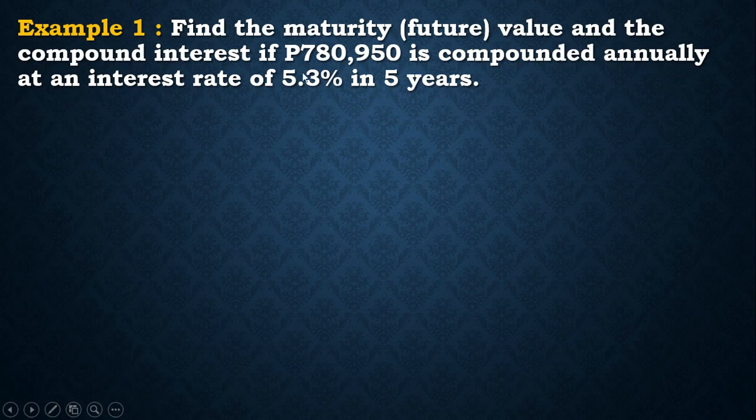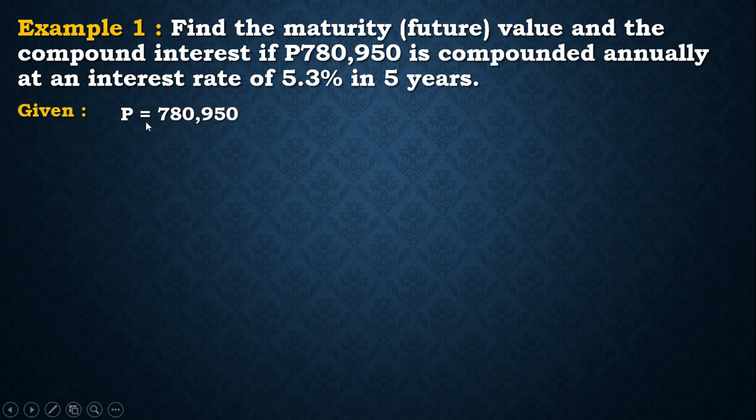Example number 1. Find the maturity, future value, and the compound interest if 780,950 is compounded annually at an interest rate of 5.3% in 5 years. So, ikaw daw ay nag-invest sa bangko, halimbawa, ng perang nagkakalaga ng 780,950 na compounded annually na may interest rate na 5.3% in 5 years. So, we have the given.